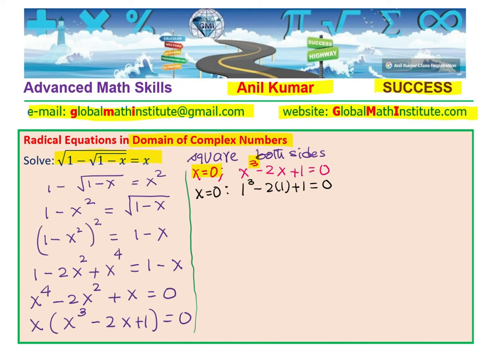So we tried 1 and it worked, so x equals 1 is also a solution. Also note that this was a degree 4 equation, so we are expecting 4 solutions. Now in this complex domain, 2 could be imaginary.